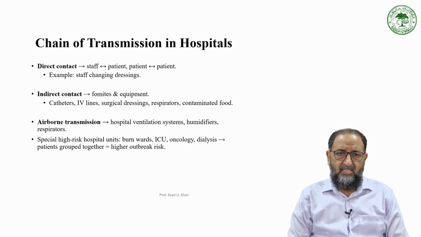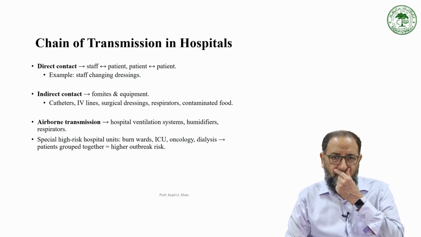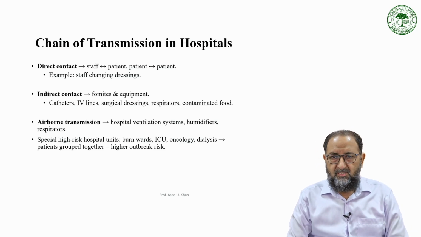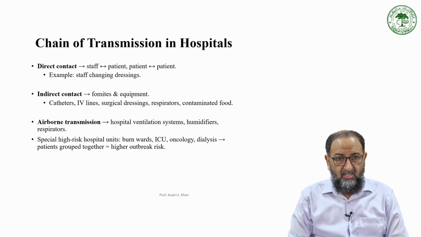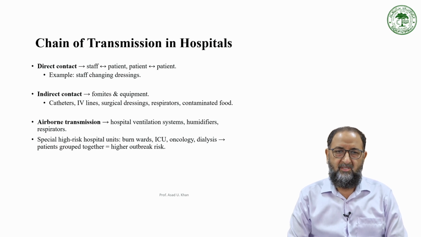In indirect contact, fomites and equipment are responsible for the infection, especially in the hospital setting: catheters, IV lines, surgical dressings, respirators, contaminated foods, and so on. Airborne transmission: hospital ventilation systems, humidifiers, respirators, these are all airborne transmission.